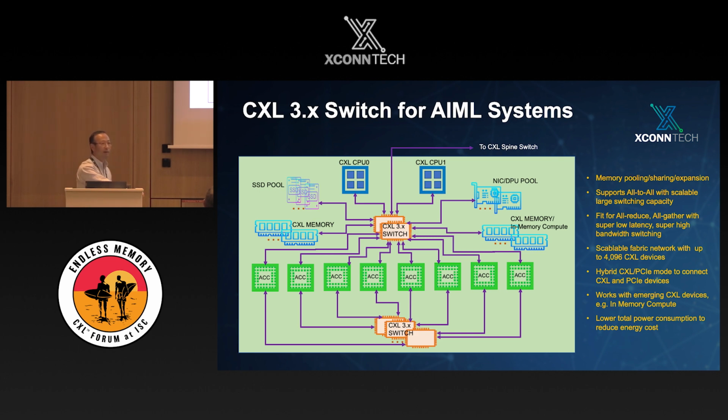I think this makes a lot of sense, because all these all-reduce or all-gather computations are really just in-memory compute. That would be a good fit. So our switch would be able to support all this, and the switch is also able to support up to 496 nodes for CXL 3.x devices.